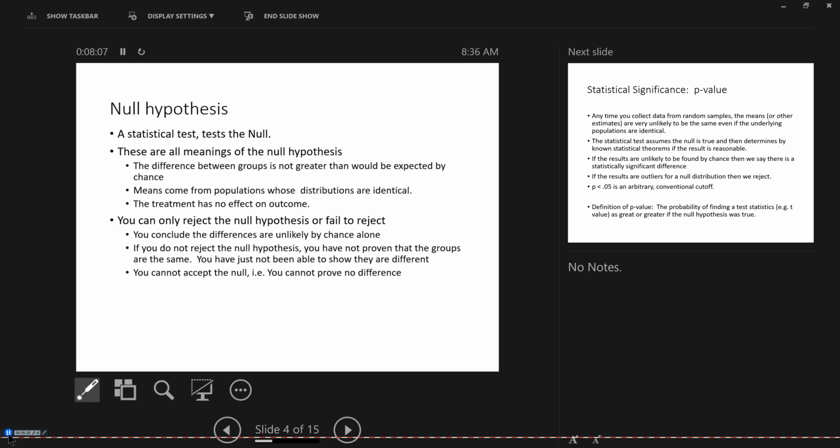So it's kind of like our blood pressure example where we had a distribution. If your IOP is greater than 22, it's unlikely that you have a normal IOP. But if it is 18, that does not mean you are normal.